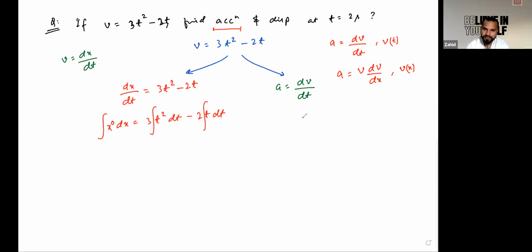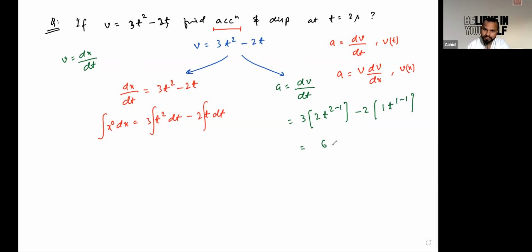Let's say if you differentiate this velocity, you will get 3 as a constant term, t squared. On differentiation, it will be 2t raised to 2 minus 1, minus 2 as coefficient, having exponent of t as 1, so it will be 1t raised to 1 minus 1.